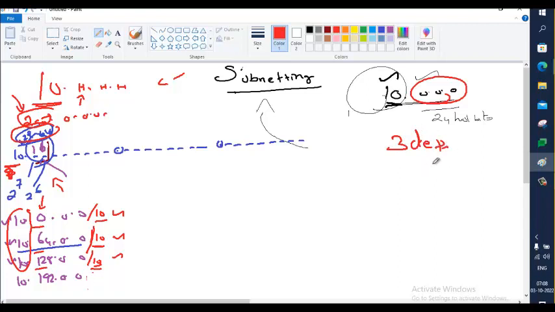For these 3 departments, you got 3 separate networks. This is for department 1, 2, department 3. If this is a network in department 1, what will be the first IP in that department? The first IP means, first address of a computer in this department.